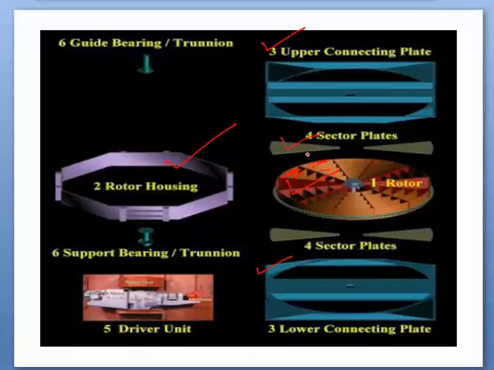The fourth one is the sector plates, which are kept like this, upper and lower. Then the fifth is the driving unit, and the sixth is the guide bearing trunnion and support bearing trunnion. So these are basically the major components of the air preheater.